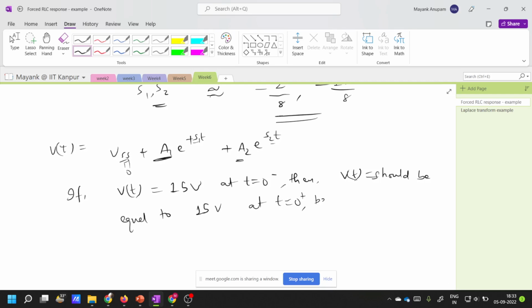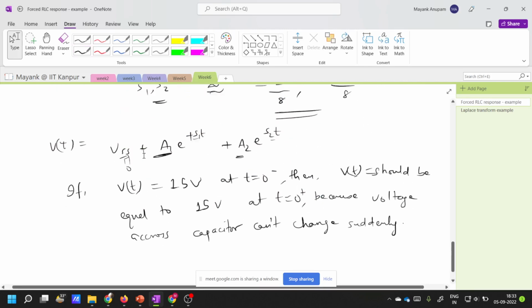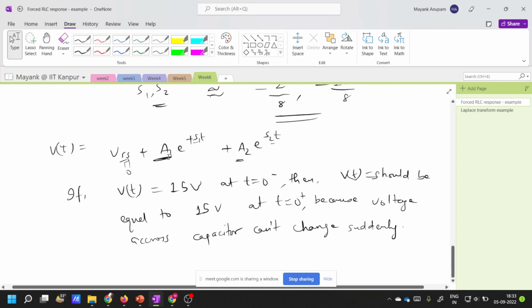Why? Because voltage across a capacitor cannot change suddenly, right?